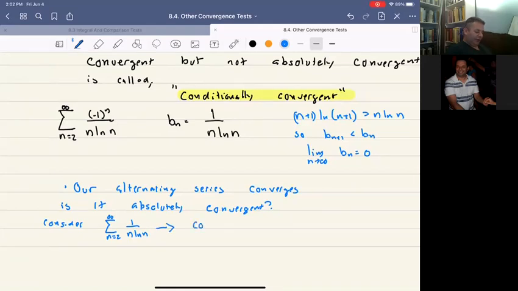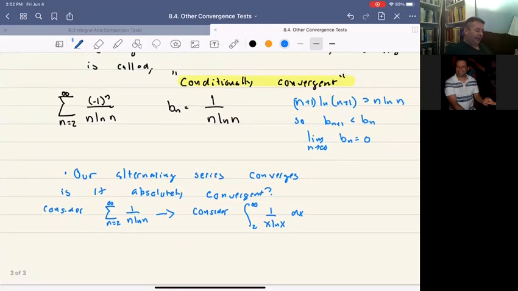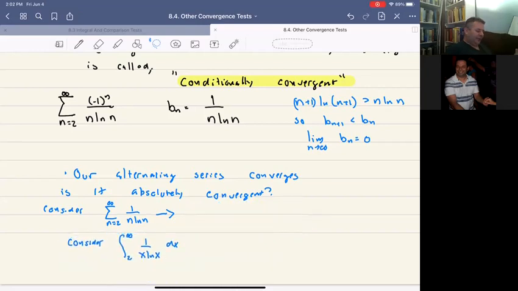So let's consider the integral from 2 to infinity of 1 over x log x dx. Now, it's tempting to guess without doing the integral, but I actually had to do it. So let u equal natural log of x, du equals dx over x.